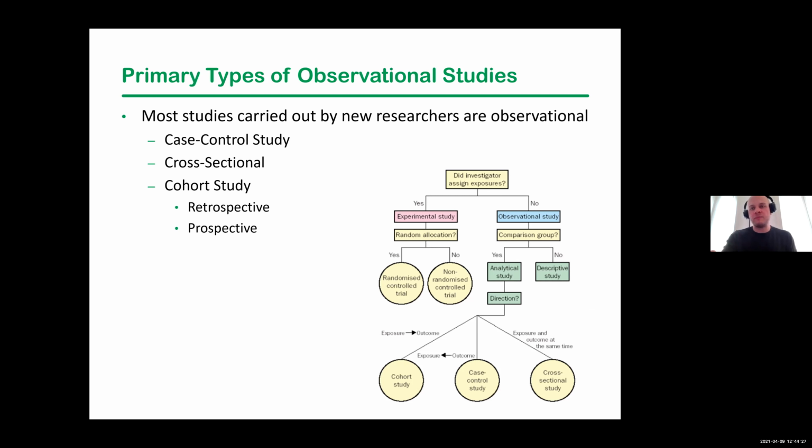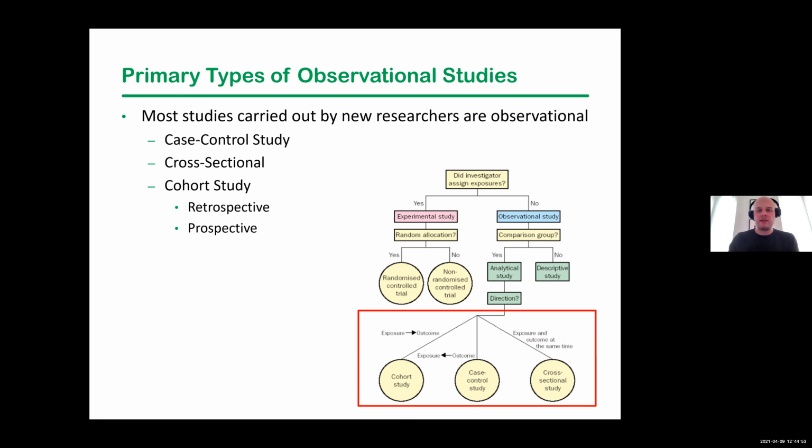But with respect to observational work, what are the most common ones? Well, it's down here at the bottom. On the far right, you have cross-sectional studies, where the exposure and the outcome are taken at the same time. It's truly just like a slice in time. What is the relationship between the exposure and the outcome? The case control study, as we said on the last couple slides, you start with the outcome and you look back at the exposures.